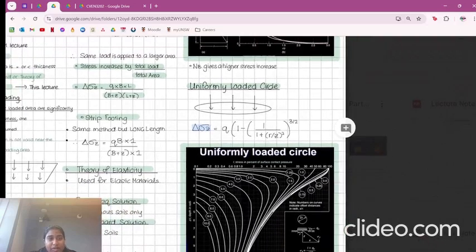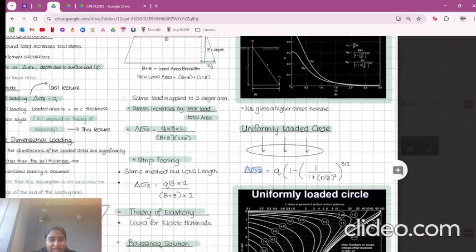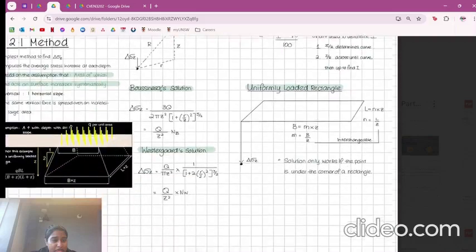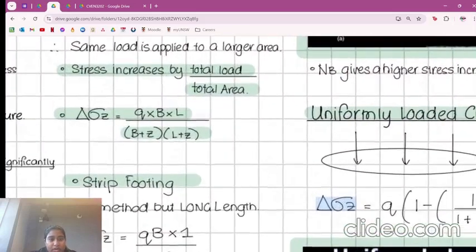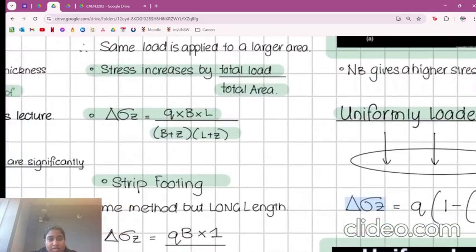It's a lot easier when you've got a rectangle, because it's very similar to the formula that I showed you down there, which is just that the stress increases according to the total load over the total area.